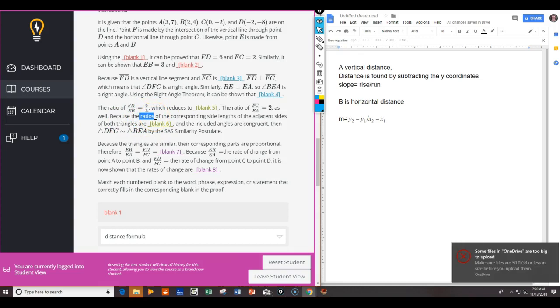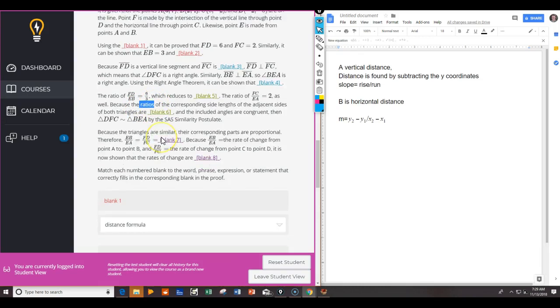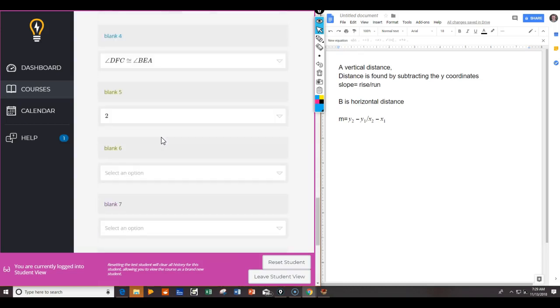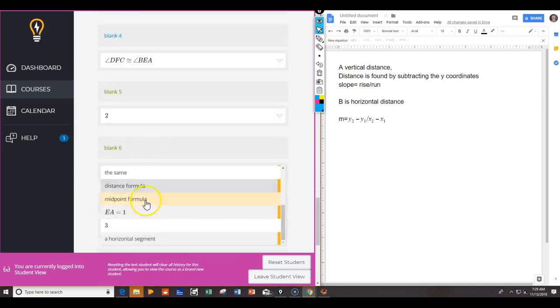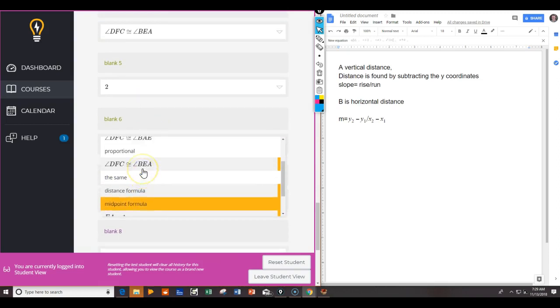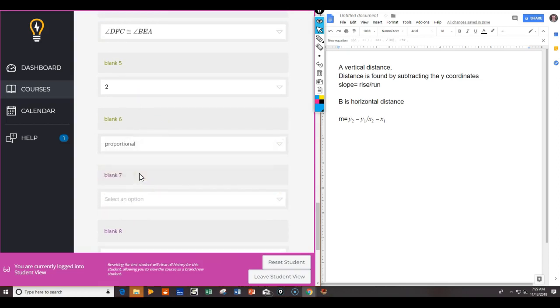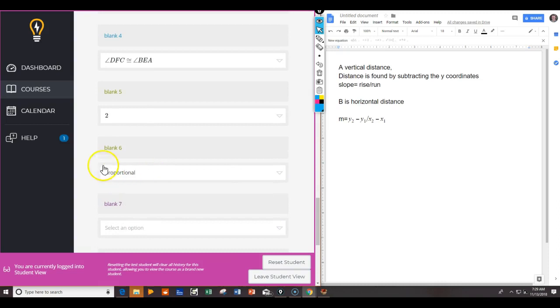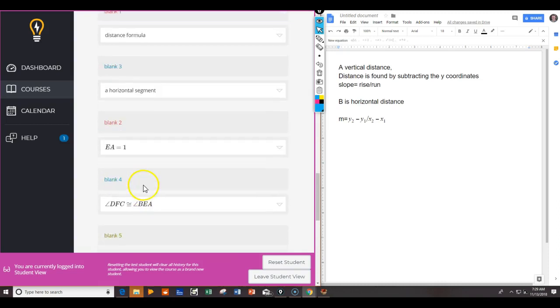In Geometry A, it is taught that ratios are proportional. So I'm pulling that from Geometry A. So blank 6 would be proportional. And if you were not in Geometry A last quarter, or if you were and did not remember that, please write that in. Ratios are proportional.